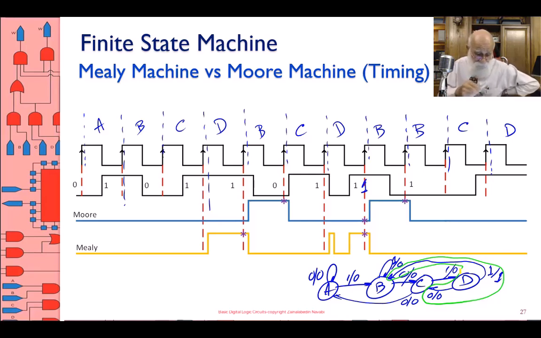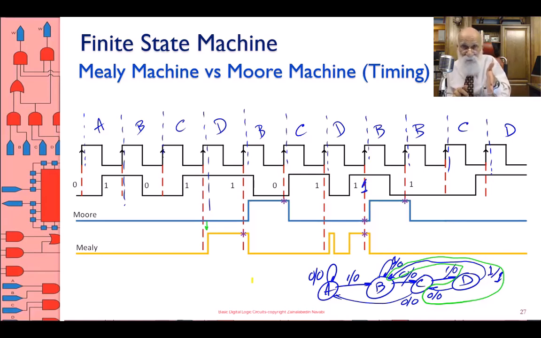That's why everywhere else I have everything 0. But when you are in state D, because your input is 1, as soon as you come into state D, which is what I'm looking at over here, because that happens a little bit after the clock, your output is 1. Your output stays 1 for as long as you are in state D.